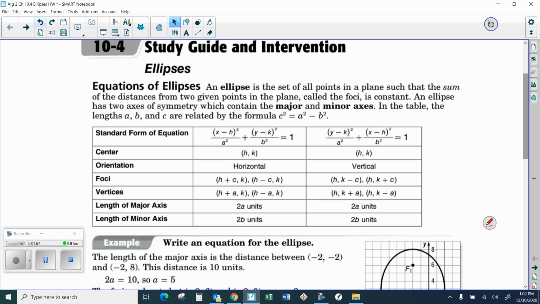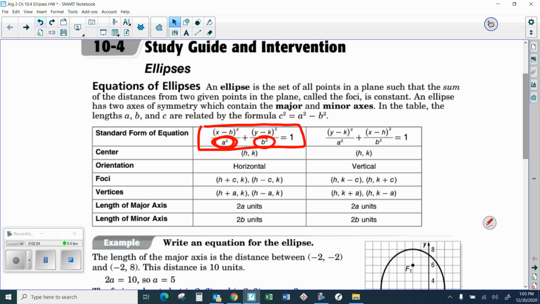So how you know is if they give you the equation by this setup, the larger number in the denominator is going to be a squared, and b squared is going to be the smaller one. So a squared always goes with whatever the larger number is on the bottom.